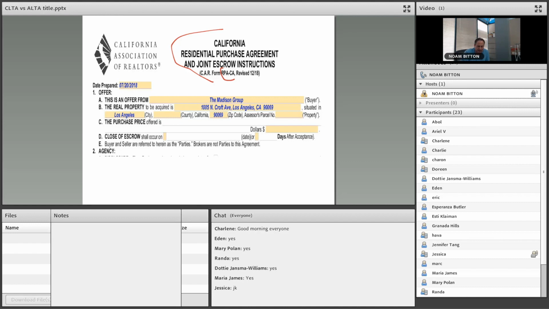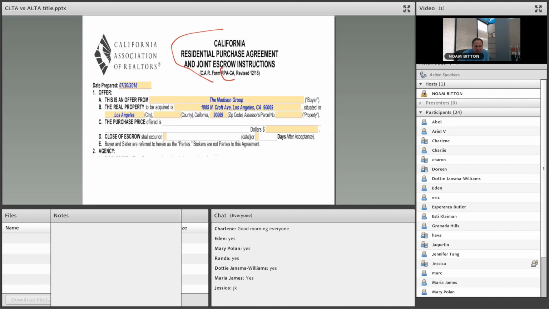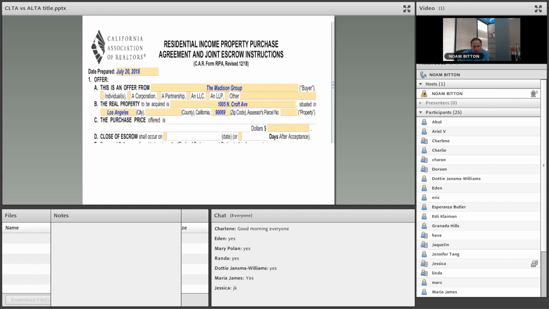Okay, so we have the RPA, and we all write the RPA, and hopefully you write it well, exactly as we told you. This is the RPA, but there is also the residential income property purchase agreement. So who can tell me the difference between the residential purchase agreement and the residential income property purchase agreement, before we continue?